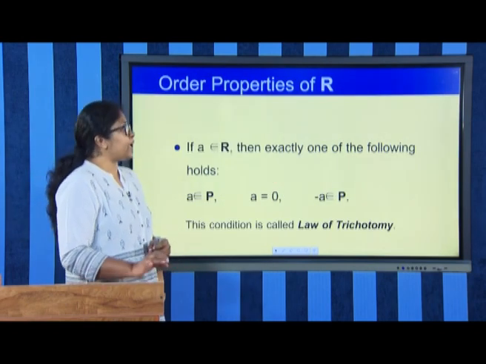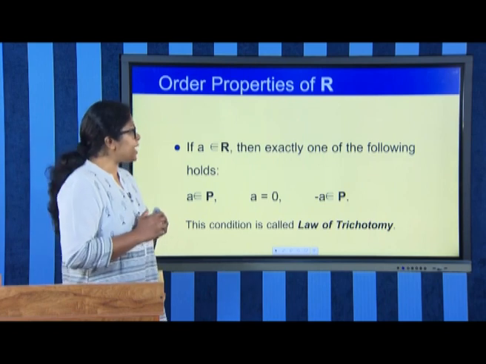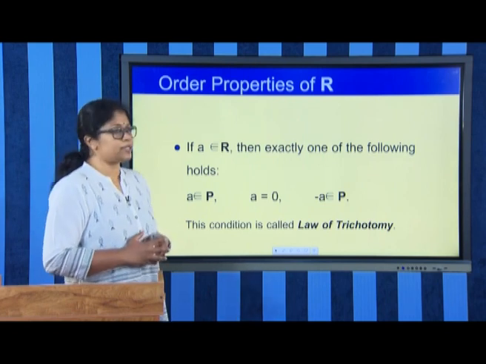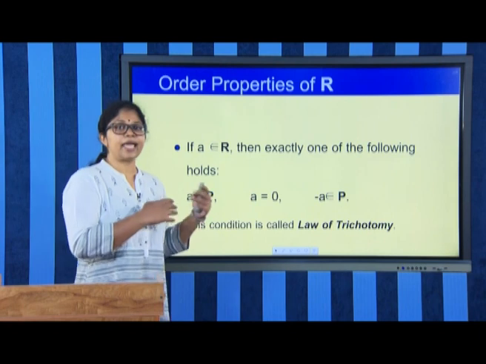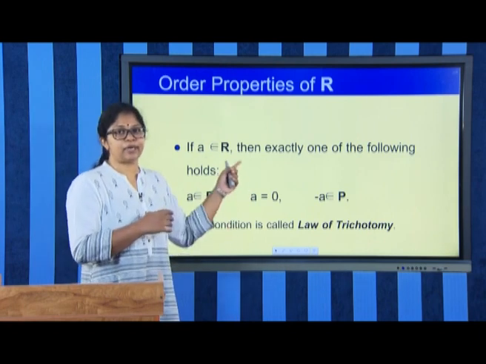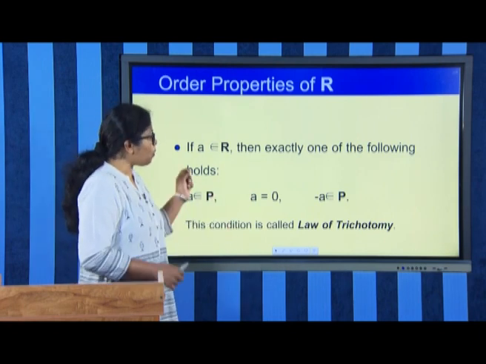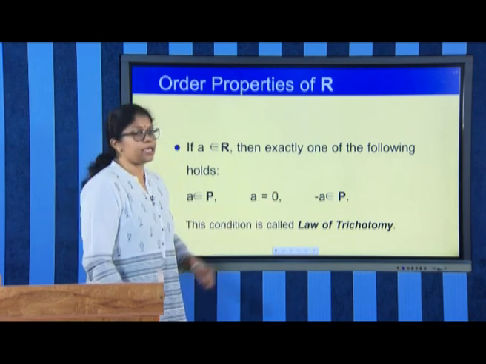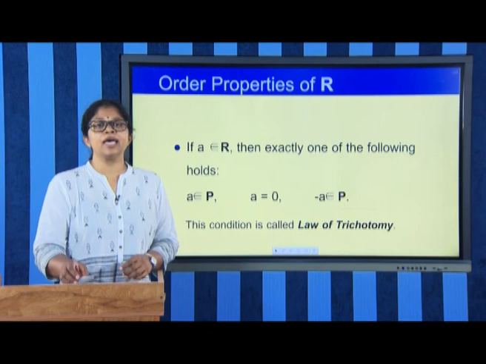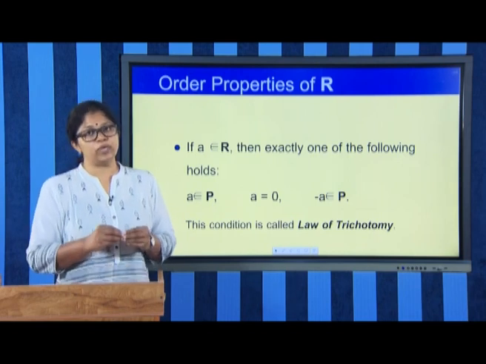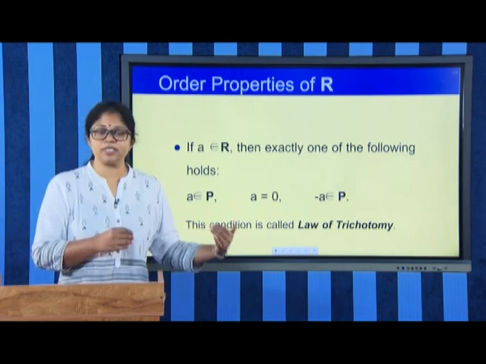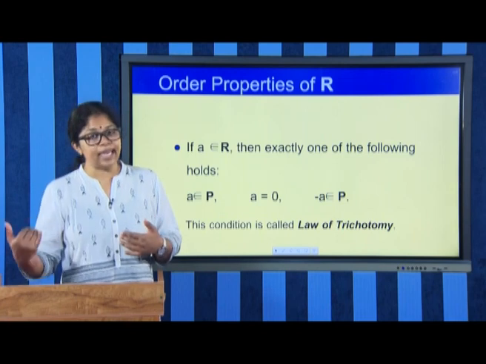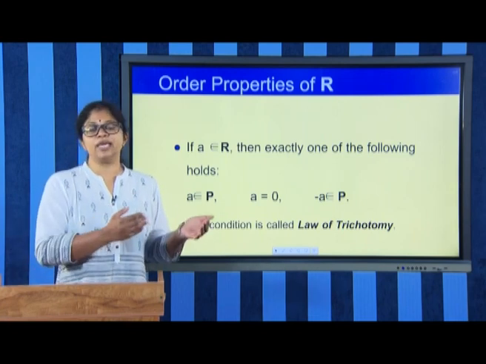If A is a real number, exactly one of the following holds. That means either A belongs to the set P that we have already discussed, or negative A belongs to P, or A equals 0. That means any real number we choose will be either a positive real number, or a negative real number, or equal to 0.